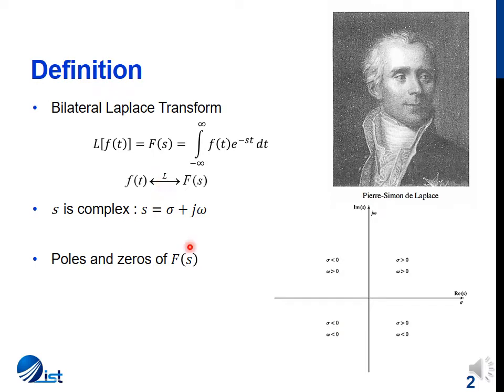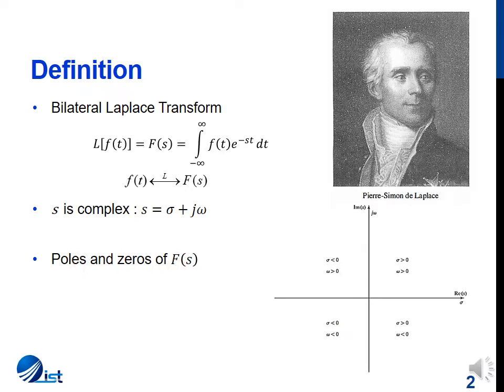The roots of the numerator for F of s are the values of s where F of s becomes 0. So they are known as a zero of F of s. The roots of the denominator of F of s are the values where the value of F of s gets infinite. So they are known as the poles of F of s.